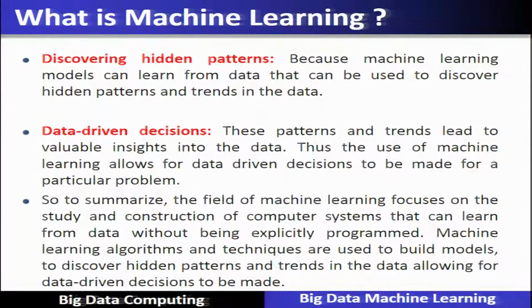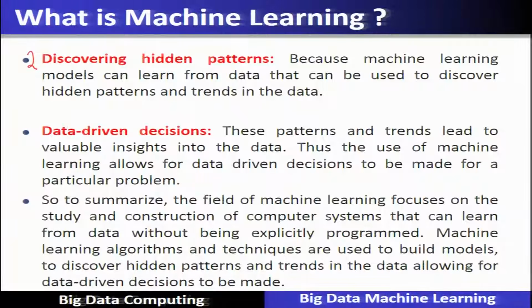The third important characteristic of machine learning is about discovering hidden patterns. Because machine learning models can learn from the data, they can be used to discover hidden patterns and trends in the data.